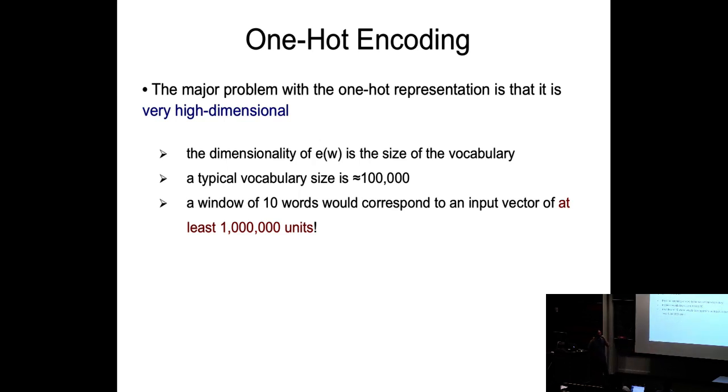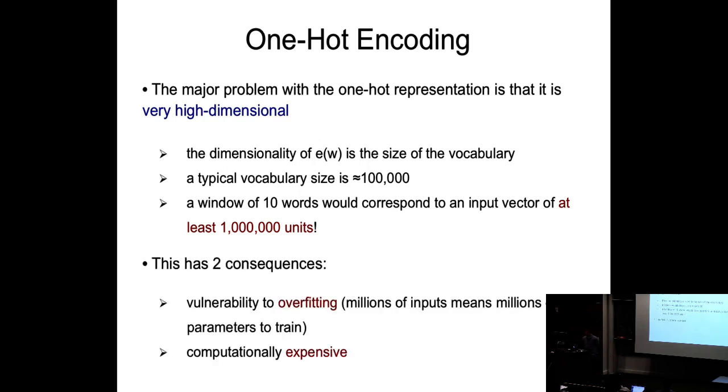For example, a typical vocabulary size is 100,000, and if you look at a window of 10 words, you would correspond to an input vector of at least 1 million units. That's not a very good representation. If you start with this, you're going to run into overfitting. You have millions of inputs, millions of parameters to train, and computation is going to be very expensive. So we have to do something different.